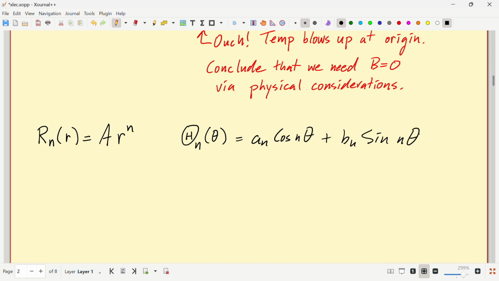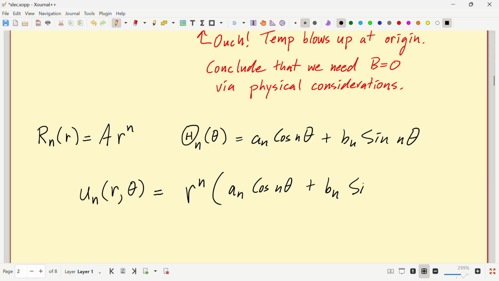I'm going to multiply these two things together. I'll call it u sub n of r, theta, the multiplication of those two things. Notice I would have an A times a_n and an A times b_n, so I'm going to take that A to be 1. When I multiply those together, I get r to the n times a_n cosine n theta plus b_n sine n theta.